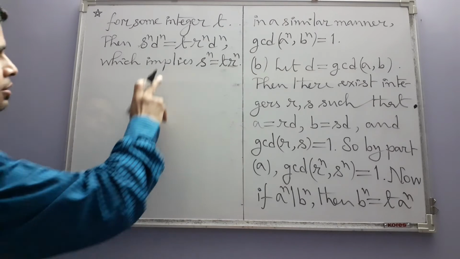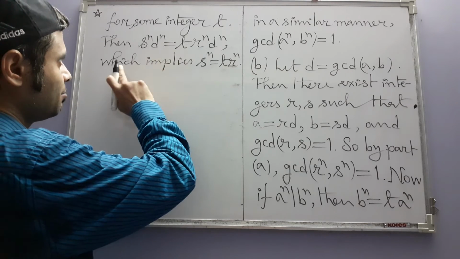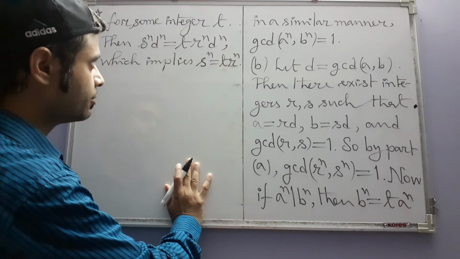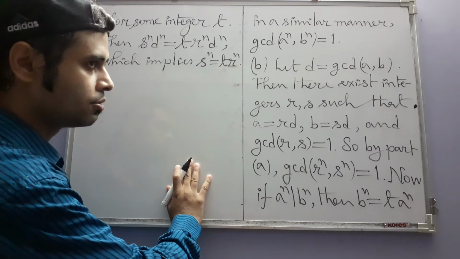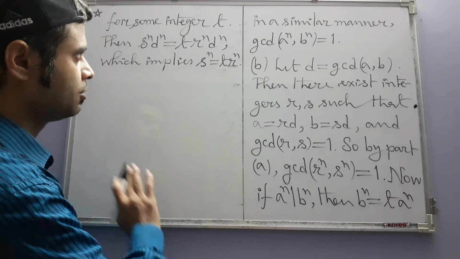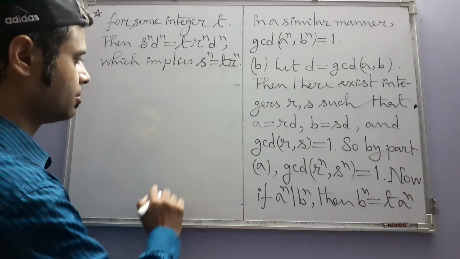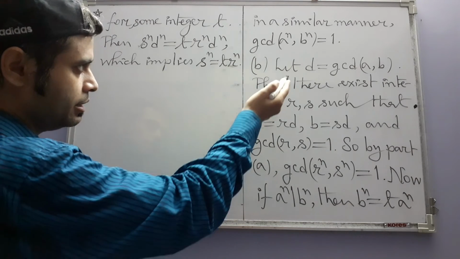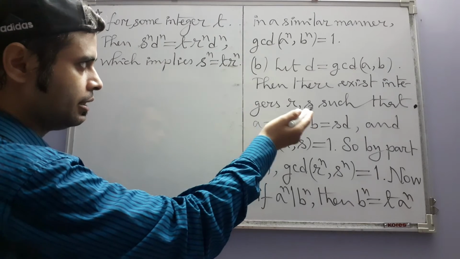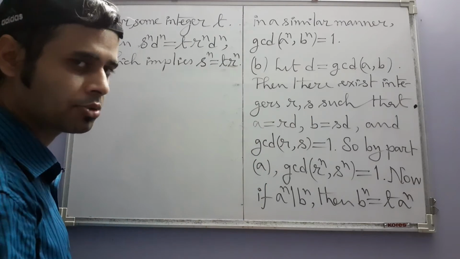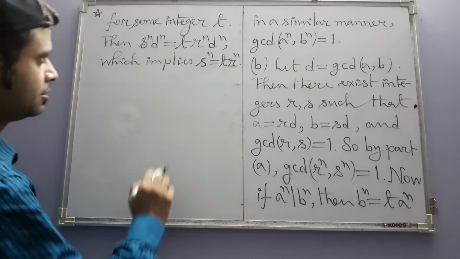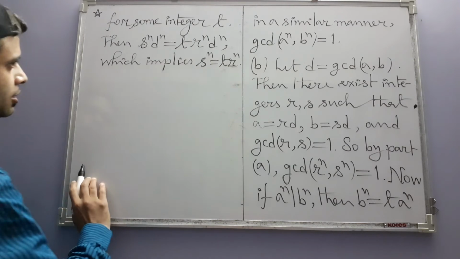By the way, how am I cancelling out this D to the power n? I can of course do that provided it is non-zero, and it is non-zero. Why is that so? Because D is after all a GCD, and GCD by definition is positive, so it can never be zero. So from that we are getting this.